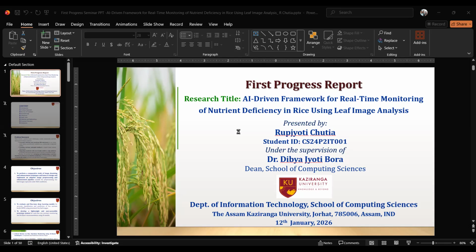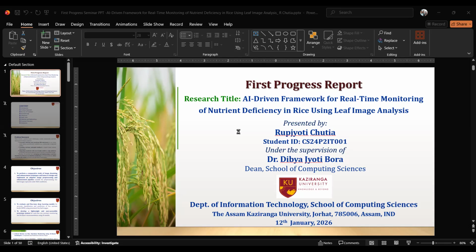My research title is AI-driven framework for real-time monitoring of nutrient deficiency in rice using leaf image analysis. I have already completed a few works in the previous semesters, and this whole progress work is conducted under the guidance of Dr. Bora sir, Dean School of Computing Sciences.